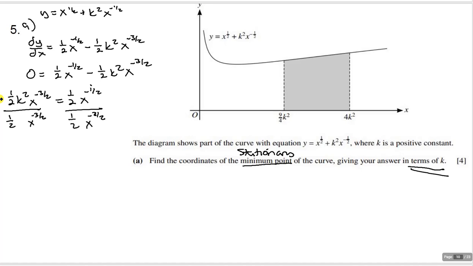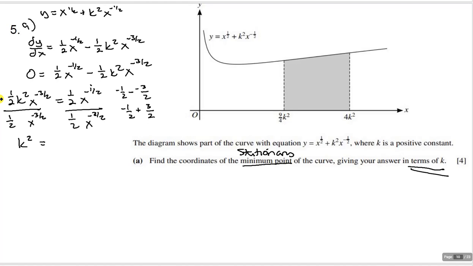So now this is going to cancel out, this is going to cancel out, and it's going to leave me with k squared. These two 1/2 will cancel out. Keep in mind, whenever I'm dividing monomials, I subtract the exponents. So essentially what we're doing is negative 1/2 minus negative 3/2, which is negative 1/2 plus 3/2, minus the negative. And so what do you end up with when you add those?